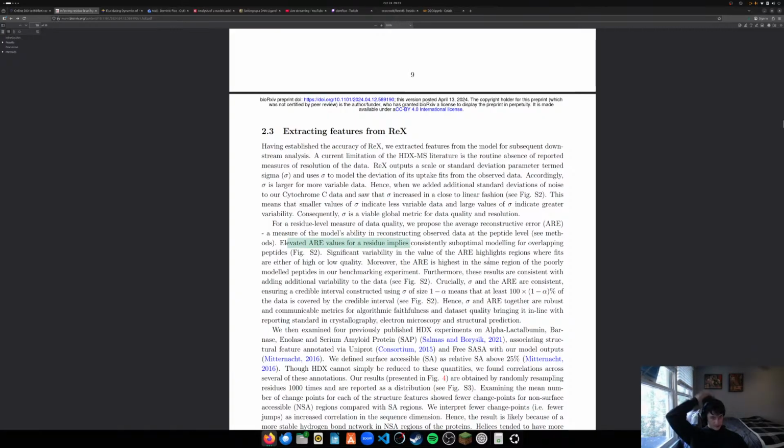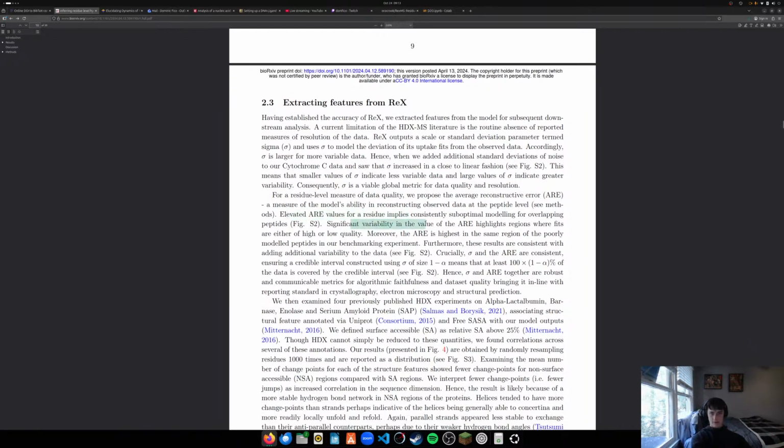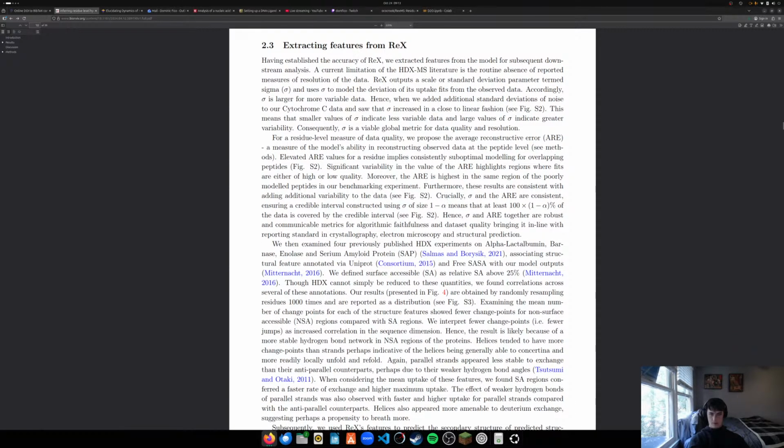Implies consistently suboptimal modeling, significant variability in the value of ARE, highlights regions where it's highest in the same region of poorly modeled. Furthermore, these results are consistent.